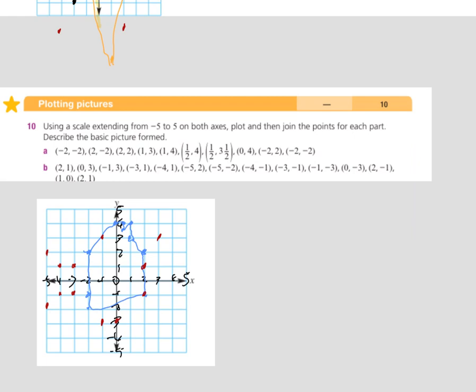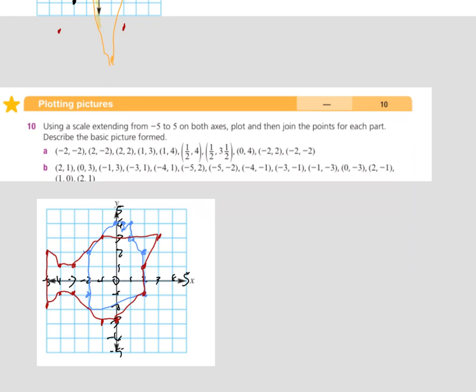Again, I'm not really sure what I'm creating here. It's supposed to be some sort of fish, maybe. Yeah, I'm not really sure what that is.